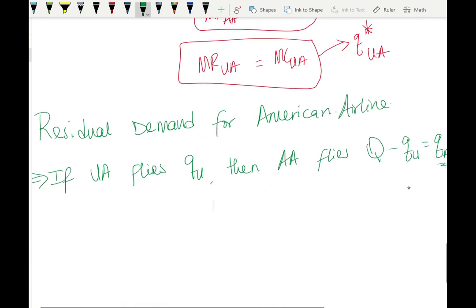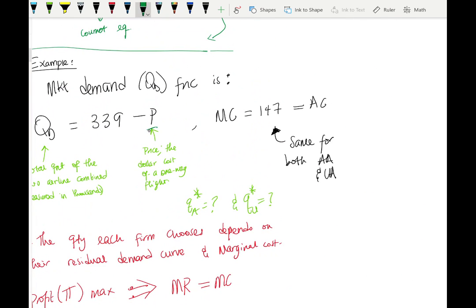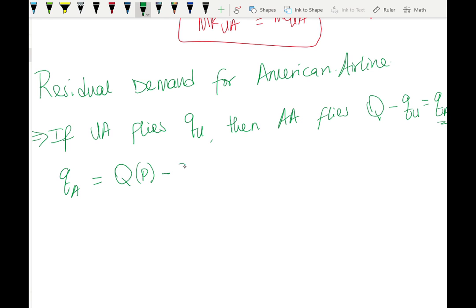So the quantity for American will be equal to the big market quantity, which is a function of price, because price is on the right hand side of this equation, minus whatever quantity United flies. We can plug that information from above in. So QA will be equal to 339 minus P minus QU.